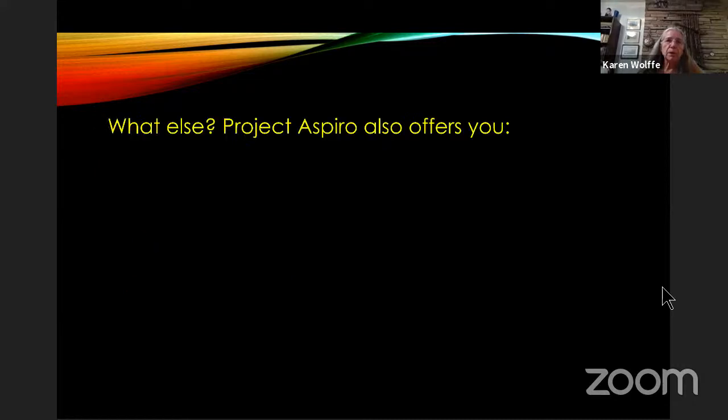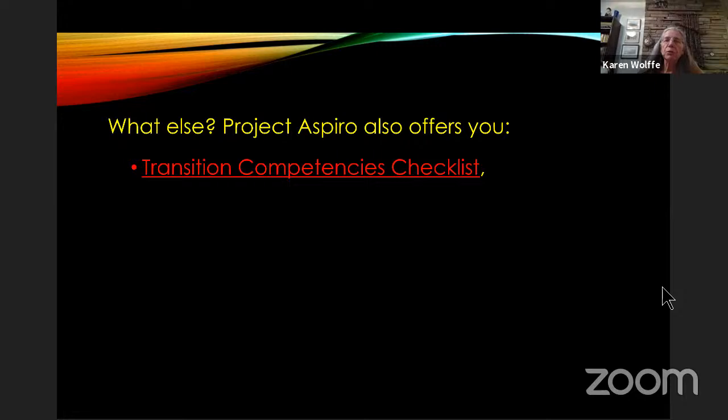What else? Project Aspiro also offers you some assessment tools that are available for self-evaluation. The one that I would recommend to youth is called the Transition Competencies Checklist.